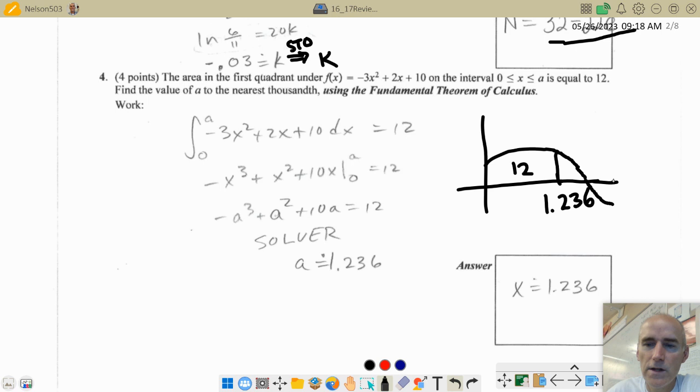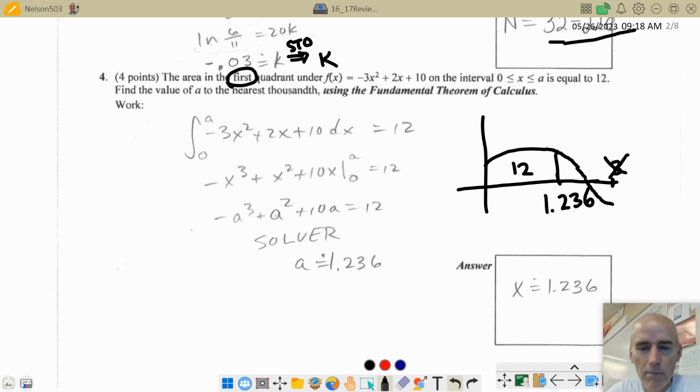So out here you get another answer, and I know my scale's not super good again, but you get another answer of 3 for where the area goes back to 12. But you don't want the 3 value because it says the first quadrant. Okay, so this is now in the second quadrant. So we only want the area in the first quadrant.